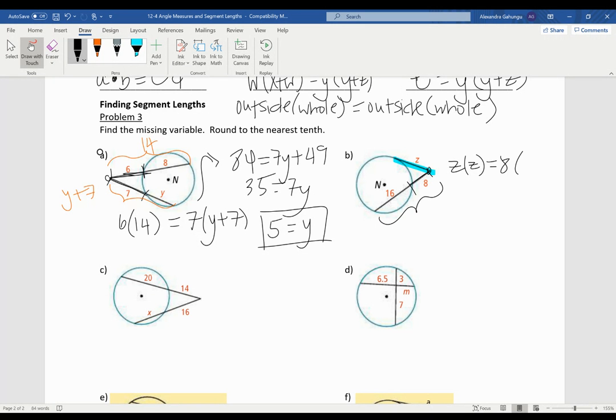You have to find the sum. Sometimes you're going to have one number, sometimes you're going to have an expression for the sum. It's 24. So z squared is equal to 8 times 24.